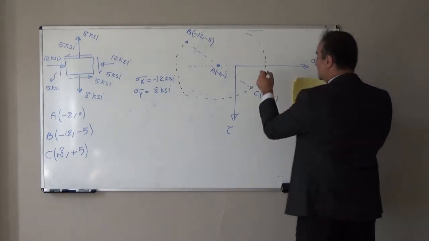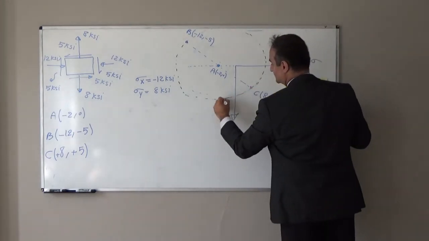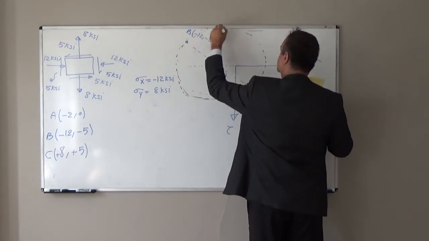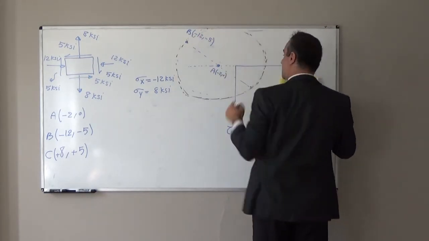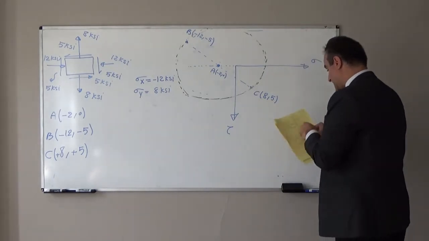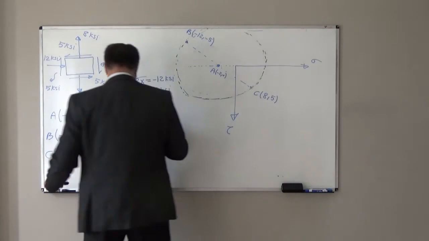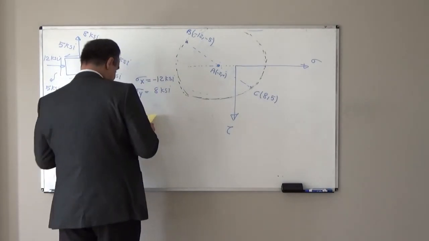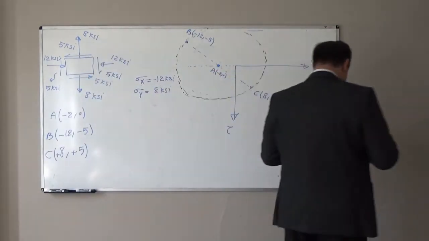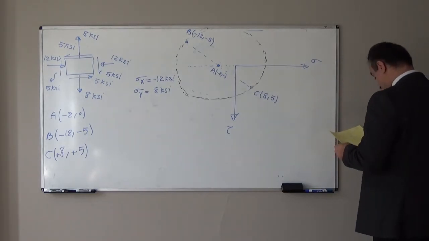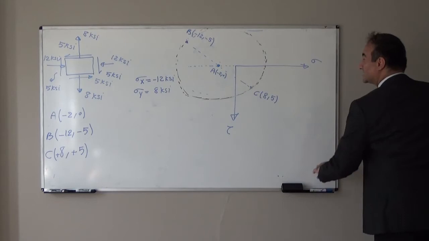Okay, this is the circle. Now, let's find the maximum and minimum stress. So we should find sigma 1, sigma 2, and tau max.